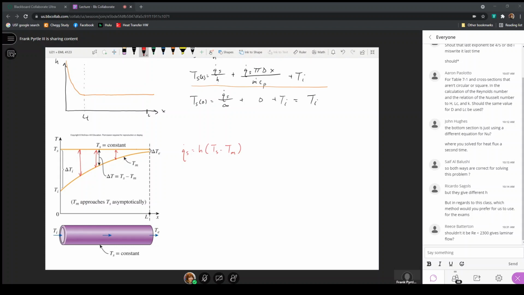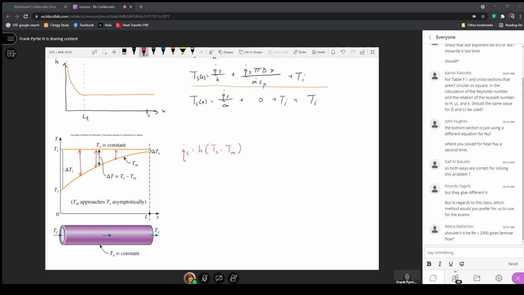This expression of the temperature variation of the fluid as a function of x, with an asymptotic approach to the temperature Ts, we can describe by a decaying exponential along the length of the pipe. And this is where we'll pick up next time and look at how you solve a couple of these problems for the conditions of a constant heat flux or a constant surface temperature.